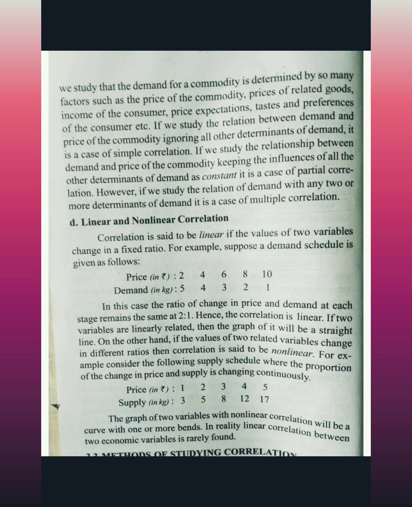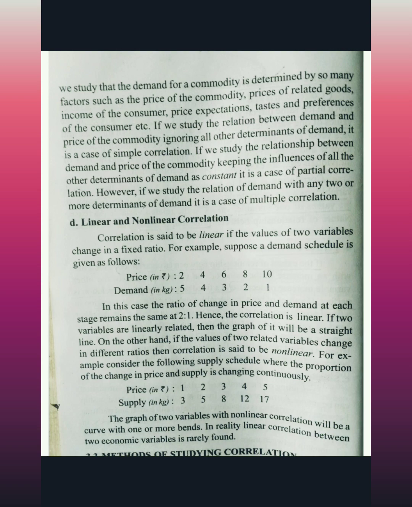The ratio of change in price and demand at each stage remains the same, that is 2:1. So if the price and demand change in a fixed ratio, it is called a linear correlation. The table shows a linear relationship between price and demand. Hence the correlation is linear.